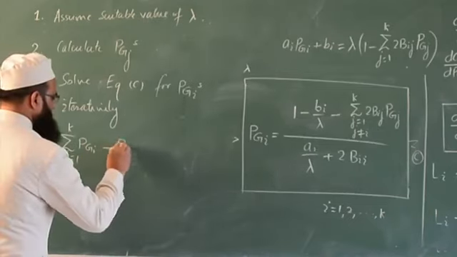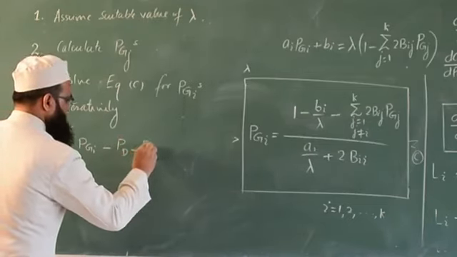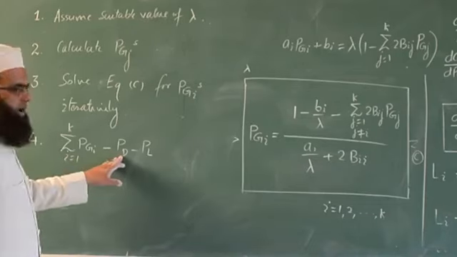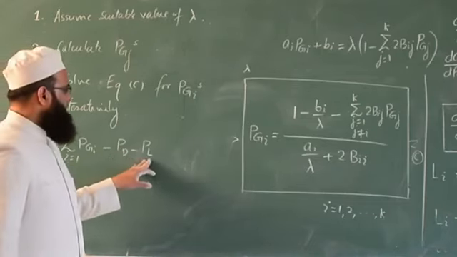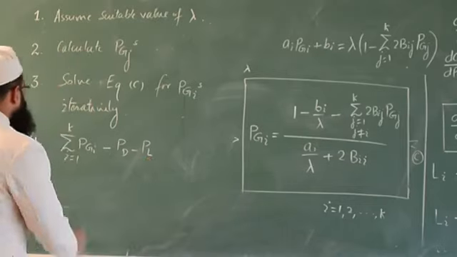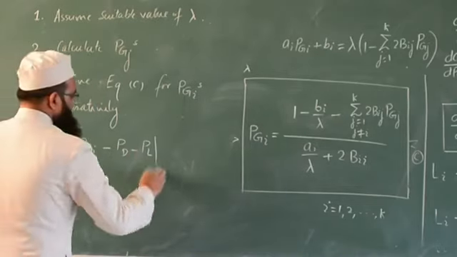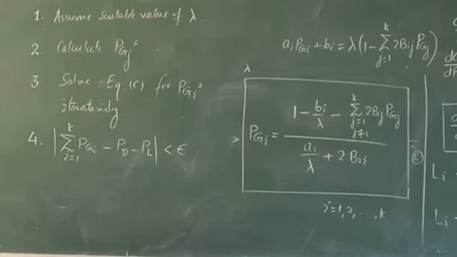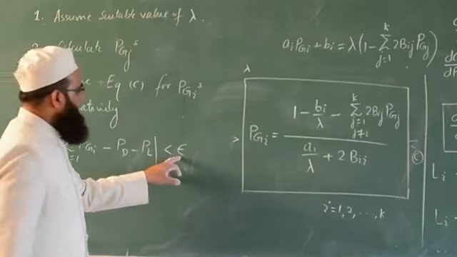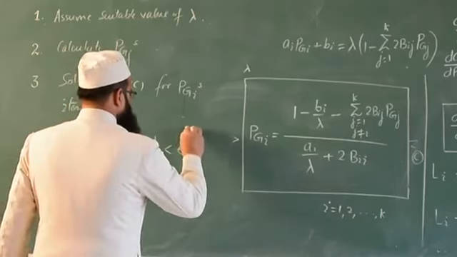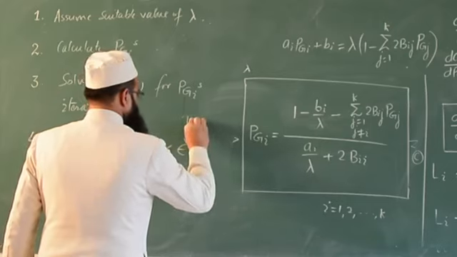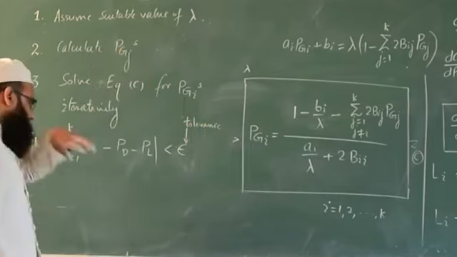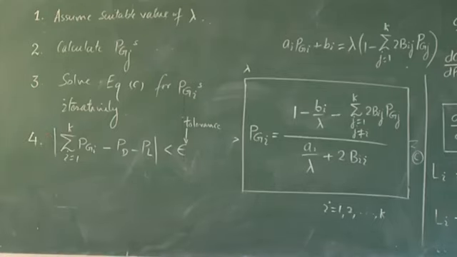So summation PGI minus PD minus PL, total generation minus total demand minus total system transmission loss, ideally should be equal to 0. If this is less than tolerance, any tolerance which we can tolerate, then stop iteration.